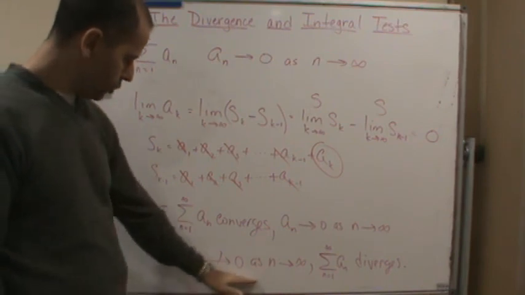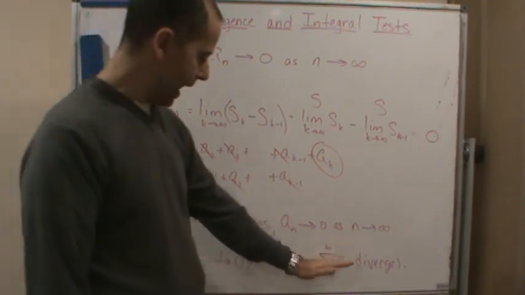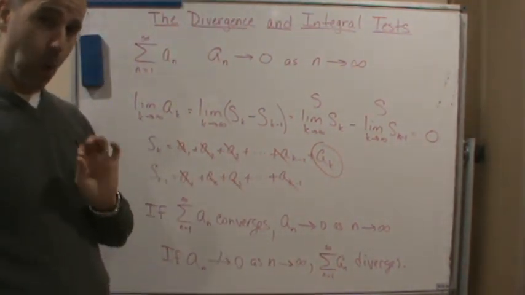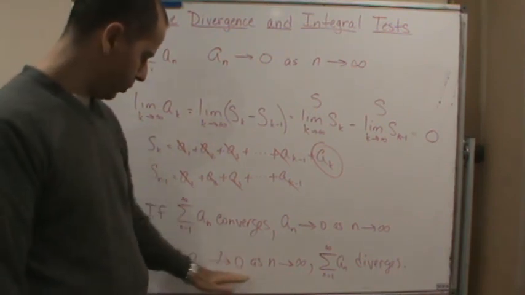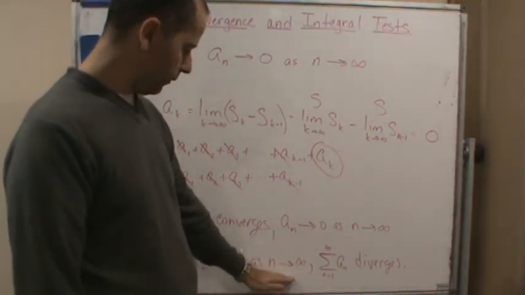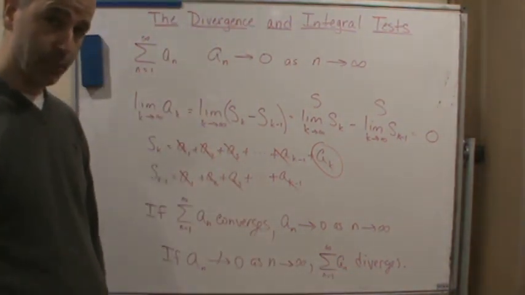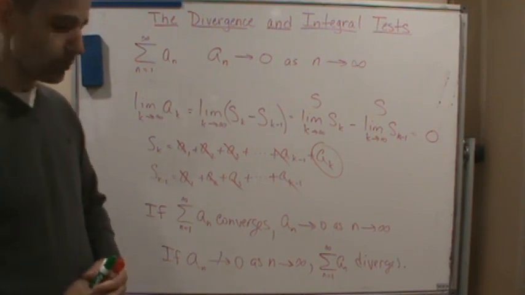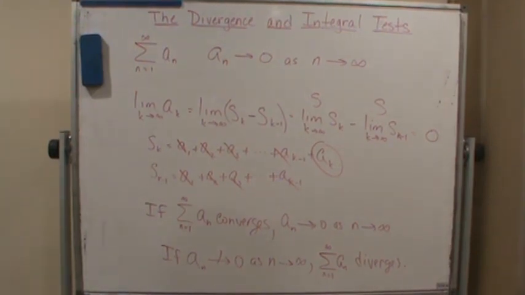So if we show that the nth term goes to 0 as n goes to infinity, that's not strong enough to get us to convergence. So that's the limitation. The best we can do is, if a sub n does not go to 0 as n goes to infinity, then we can say that the series is divergent, but we can't say anything about convergence otherwise. Okay, so now let's stop there, and next time we'll introduce the theorem.